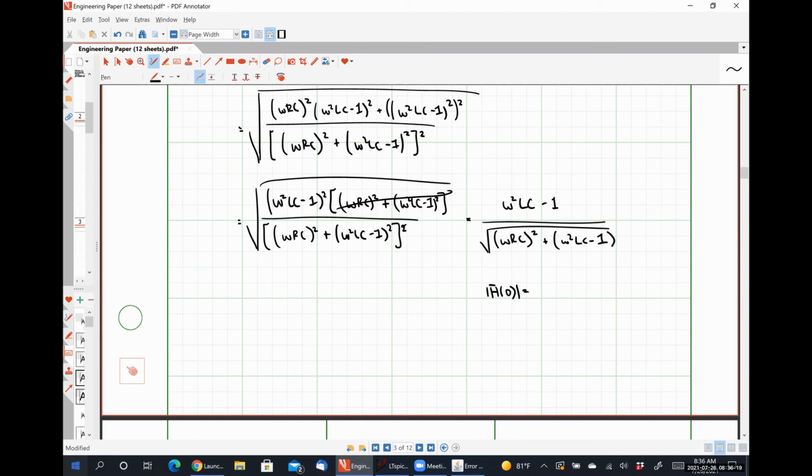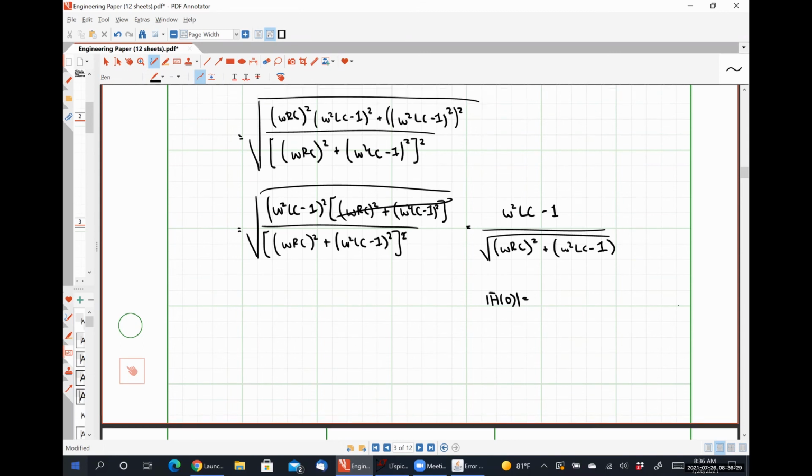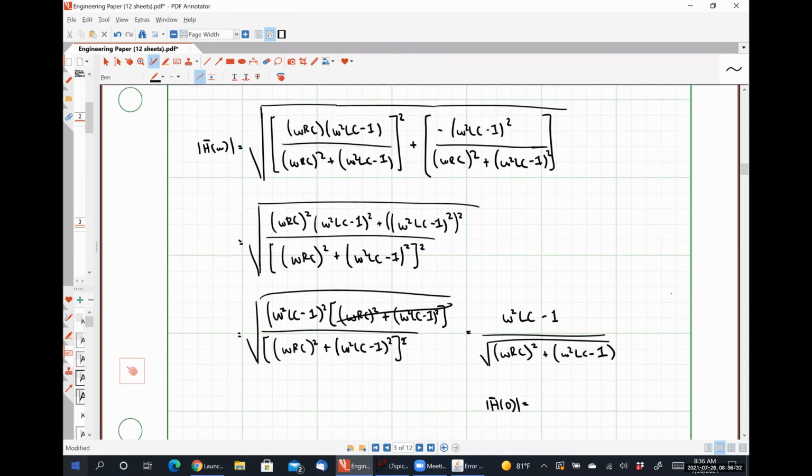So negative 1 over the square root of negative 1. Did I make a mistake with the sign somewhere? Because this should wind up looking like 1. I think the omega squared LC minus 1 in the square root needs to be squared. You're right, you're absolutely right. Thank you. Okay, so negative 1 over the square root of 1 is going to look like negative 1.